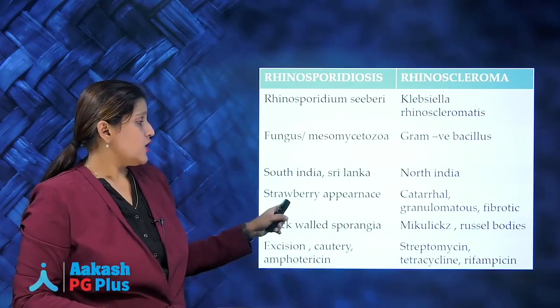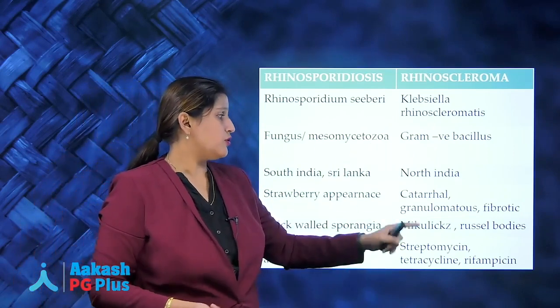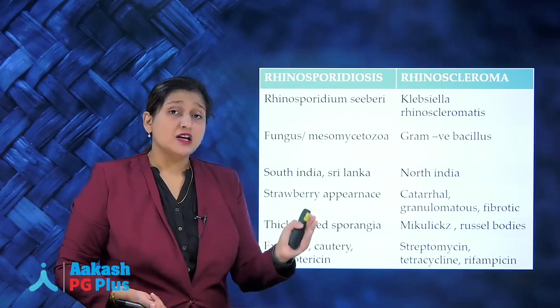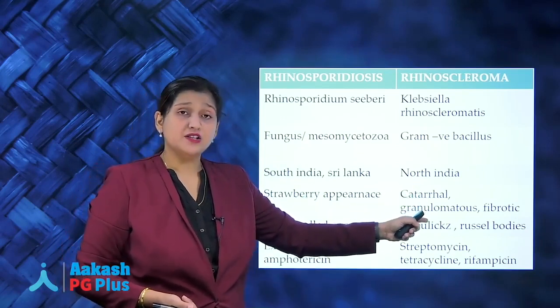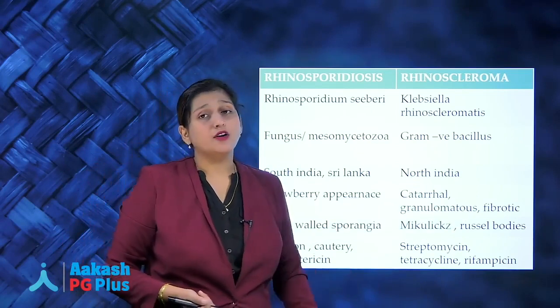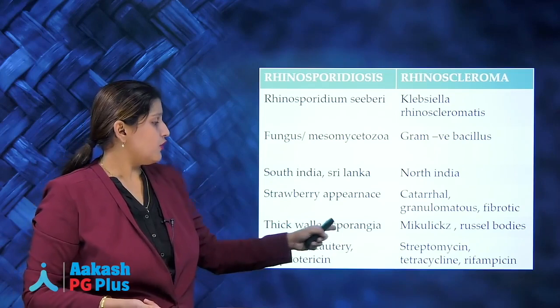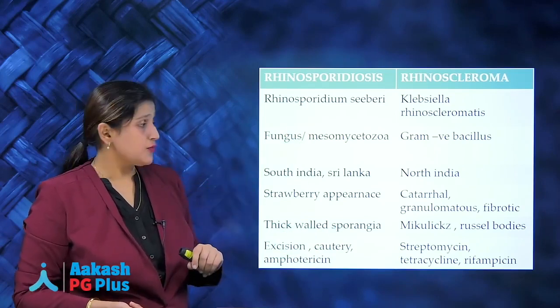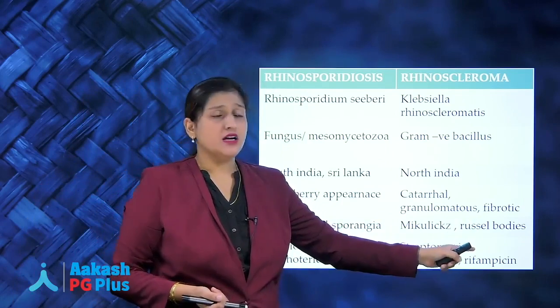Rhinosporidiosis presents as strawberry appearance, as we already discussed, and rhinoscleroma presents in 3 stages: a catarrhal stage, a granulomatous stage, and a fibrotic or atrophic stage. On histopathology, thick walled sporangia are seen in rhinosporidiosis. In rhinoscleroma, Mikulicz cells and Russell bodies are seen.